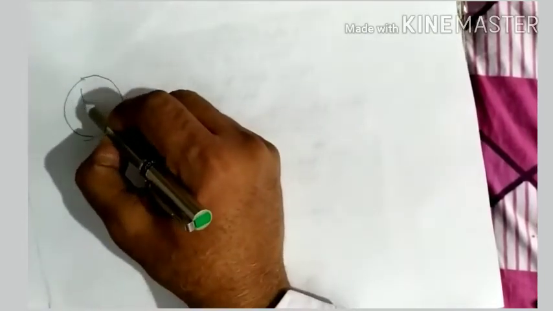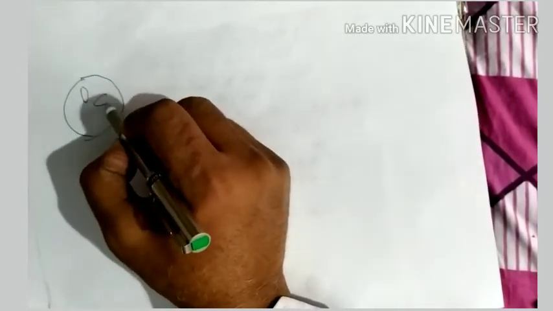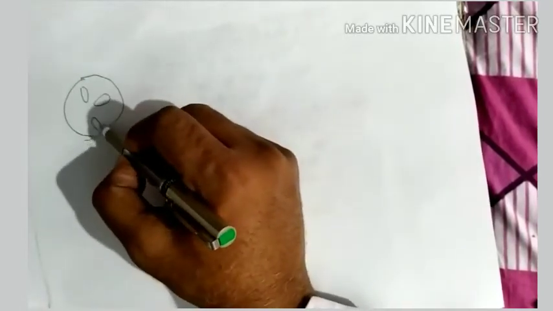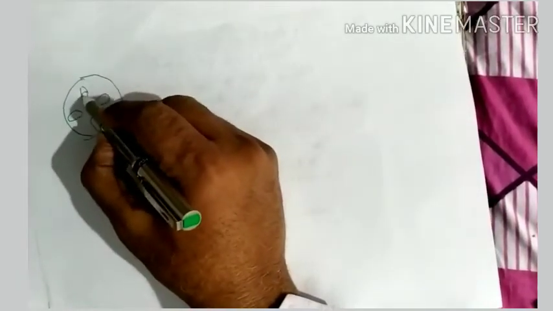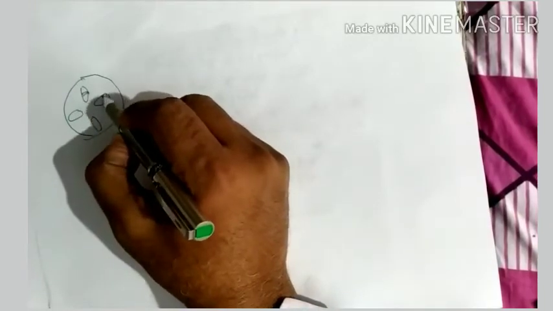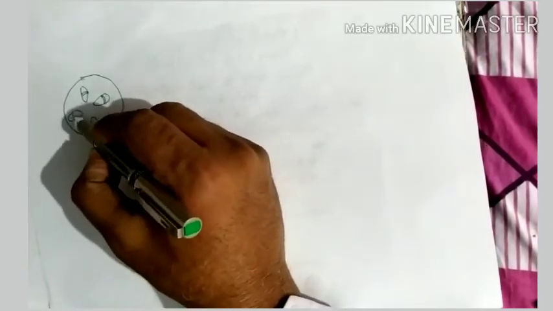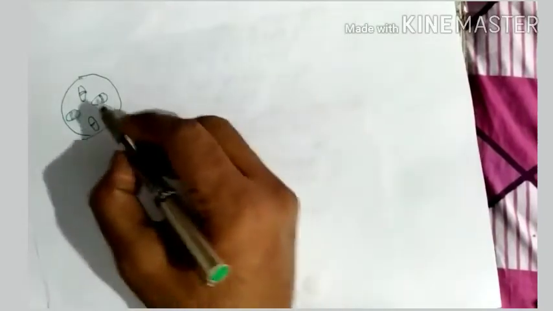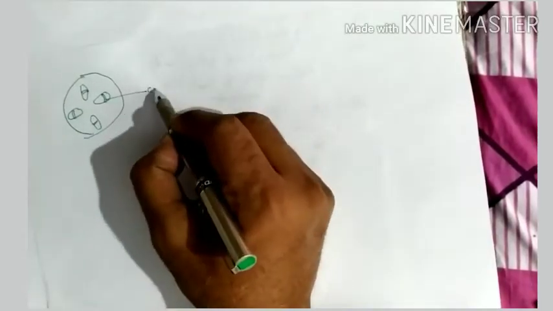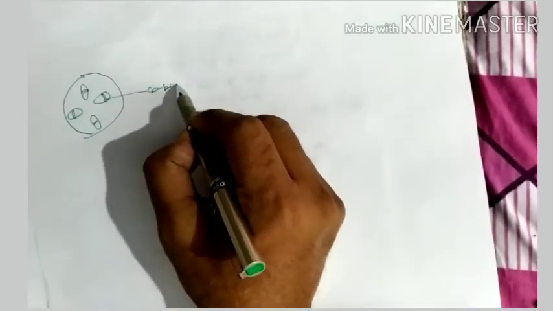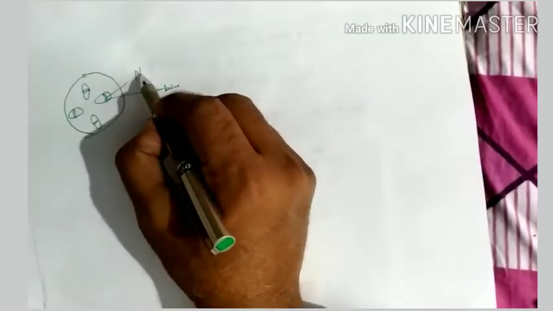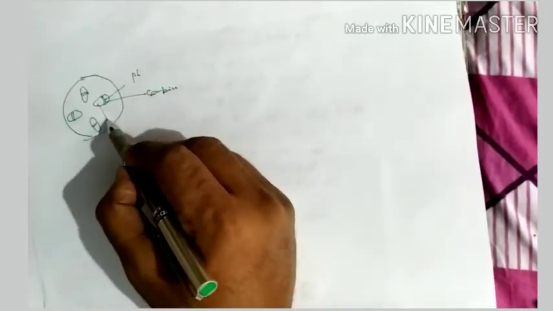These are the vascular bundles. And this is the strip of cambium here. This is phloem. This is xylem.